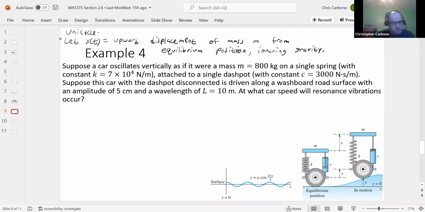So the equation of the road surface is going to be y is equal to a times the cosine of 2 pi s divided by L, with a being 0.05 meters and L being 10 meters.